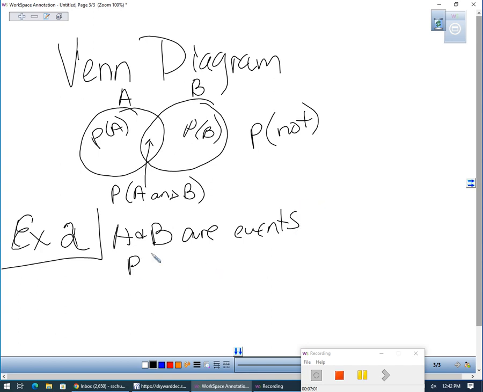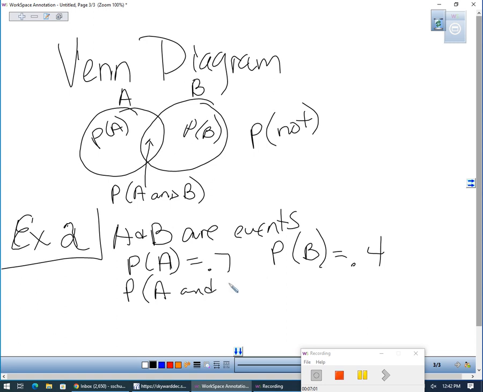The probability of A is going to be 0.7. The probability of B is going to be 0.4. The probability of A and B is actually going to equal 0.2. And the remaining probability is what's left over.